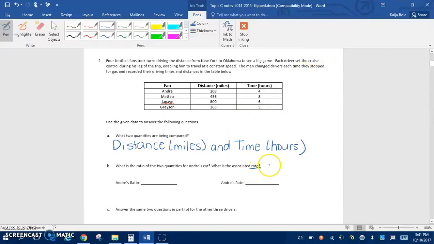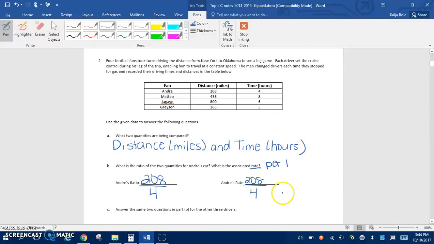So rate, remember, is per 1. So Andre's ratio, distance to time, is 208. Alright, so I have the 208 over, if we look at the time, it's 4 hours. Okay, so now the rate is per 1, alright, that's what we talked about. So I'm going to rewrite our 208 over 4.